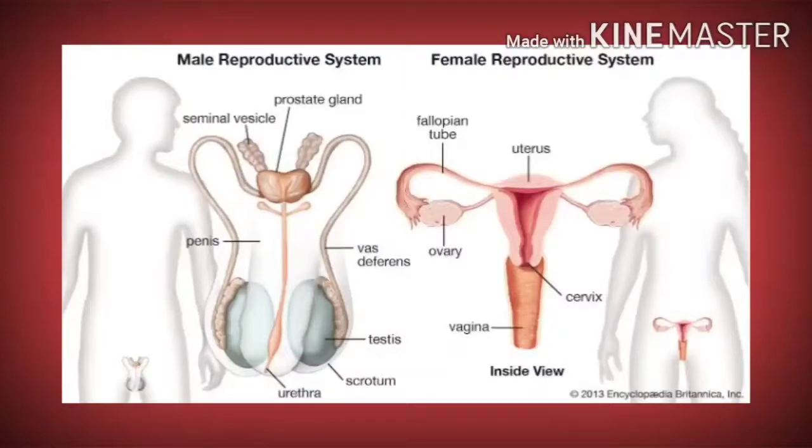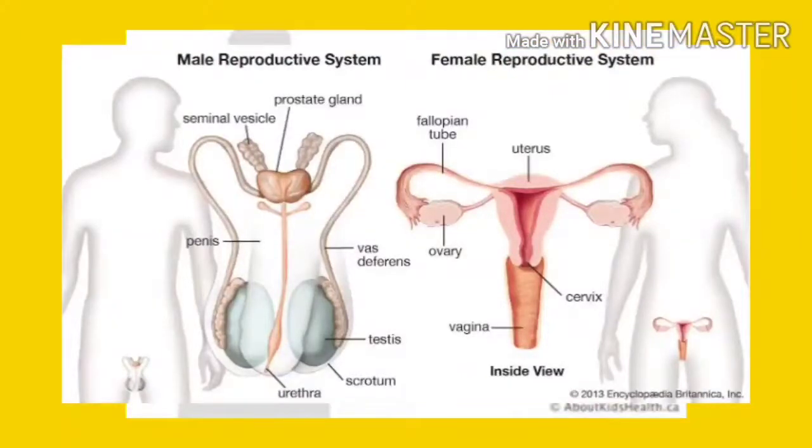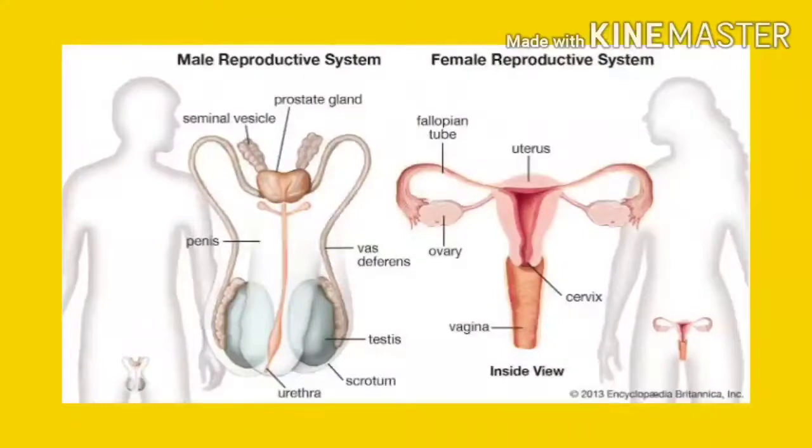Okay, so the reproductive system is the same in humans as well as in other animals also. Now let's see. Humans are dioecious animals, that is, sexes are separate. Therefore they reproduce sexually and exhibit viviparity.